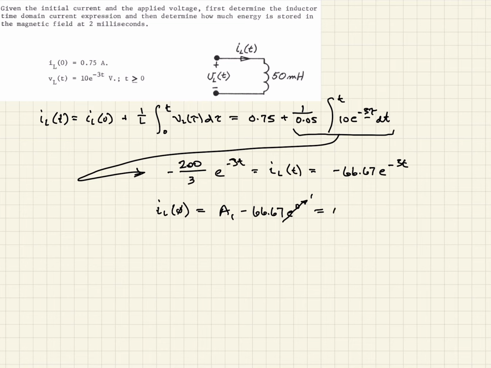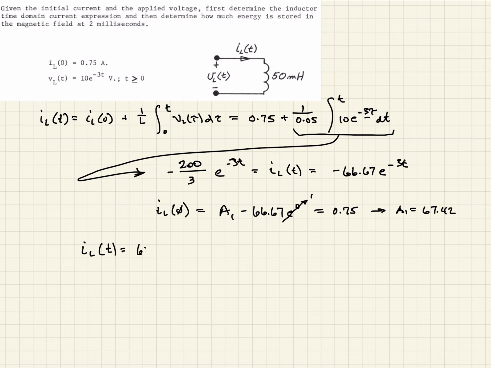We know this is equal to 0.75 because they told us that up here. So that being the case, A1 then has to equal 67.42.